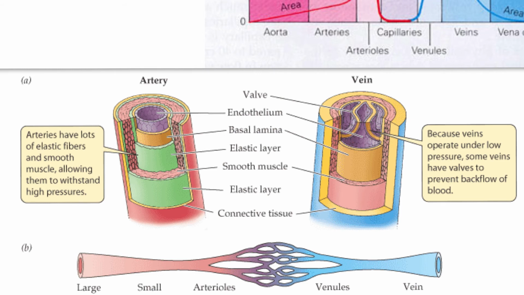The elastic layer allows the arteries to expand and relax. They expand and they recoil. This means they change their size as the blood is coming through with the pumping of the heart. The change in the size of the arteries due to the elastic tissue allows them to maintain a relatively constant pressure despite the pumping.